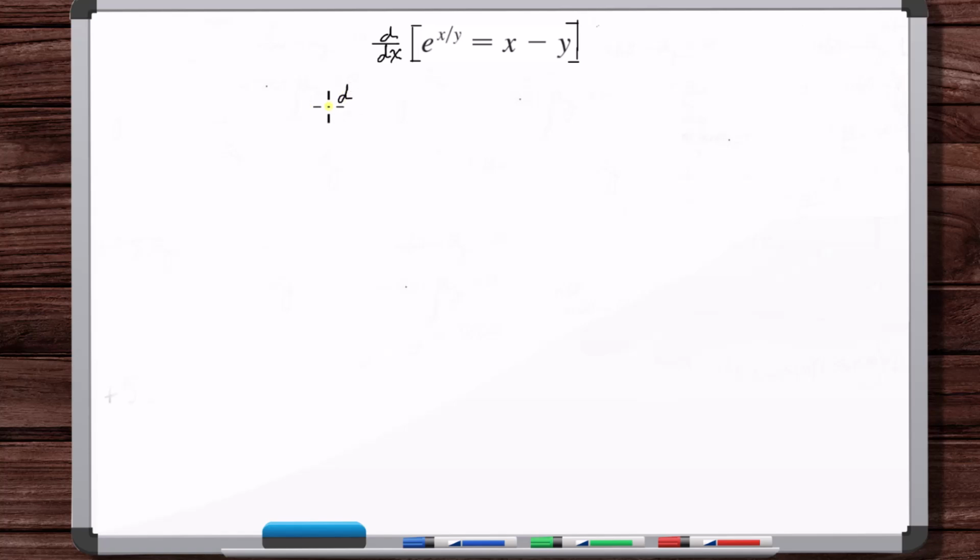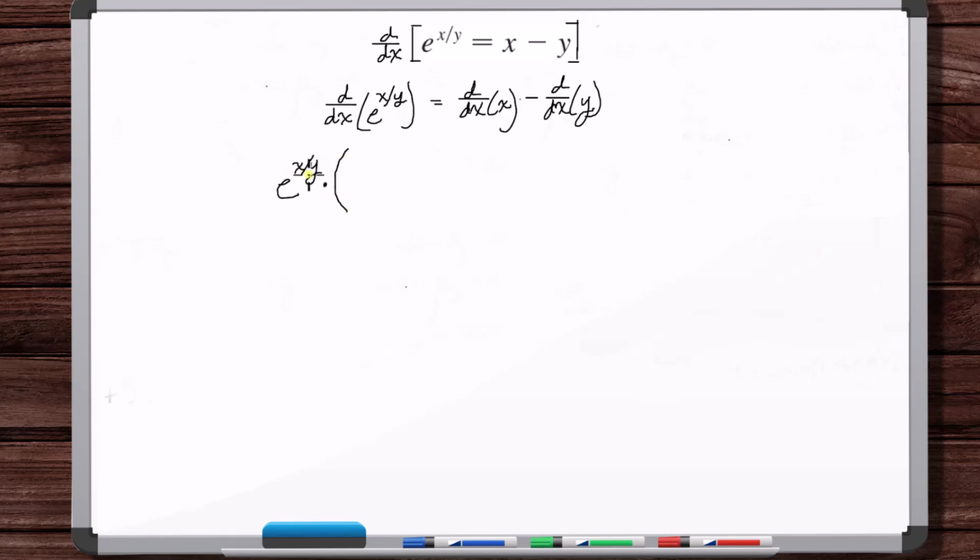So we've got, okay, chain rule here. The derivative with respect to x of e to the something is what? It's e to the something times the derivative of that something.